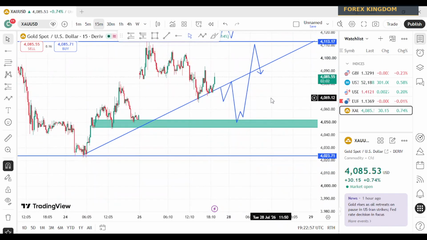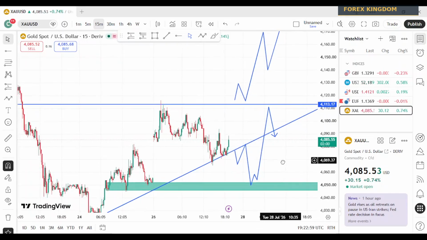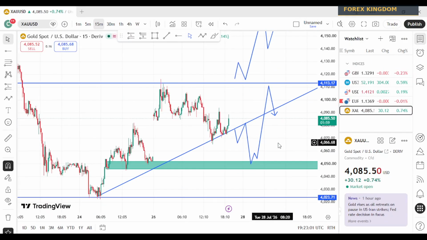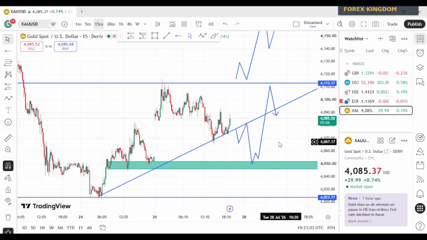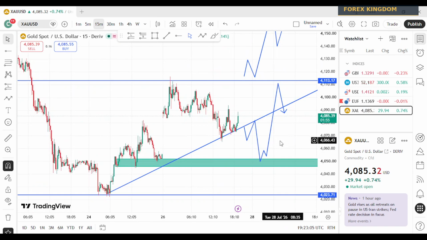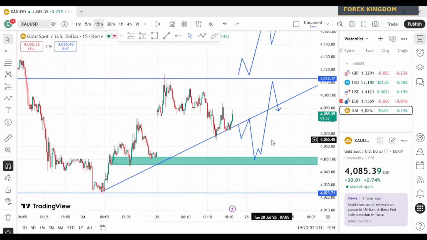So, simply, that is how you can analyze gold, but you should be observant of all those concepts. You should be able to identify this. We were considering an order block, but in simple terms this becomes a demand zone.